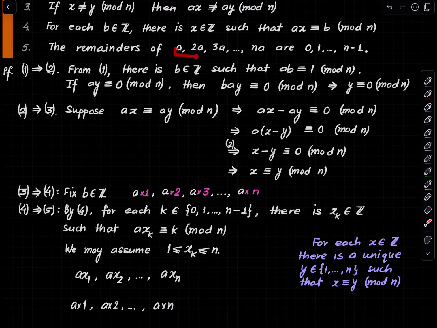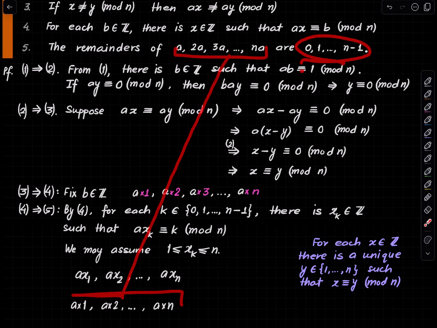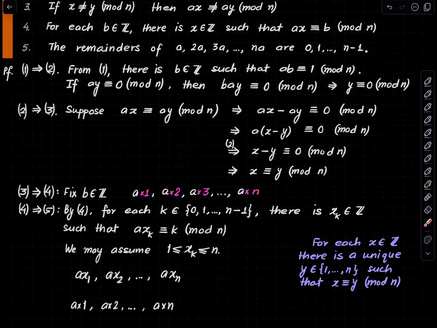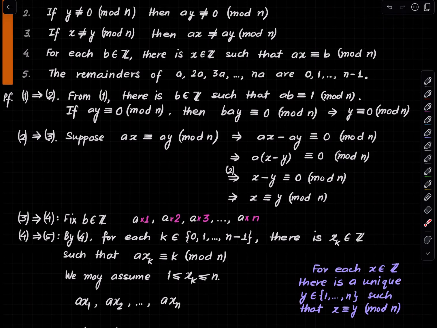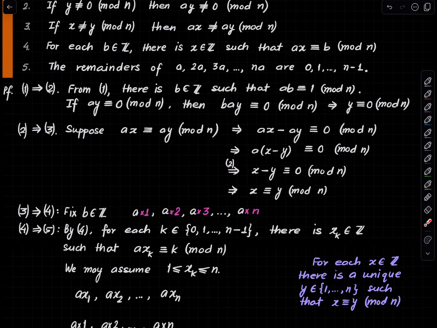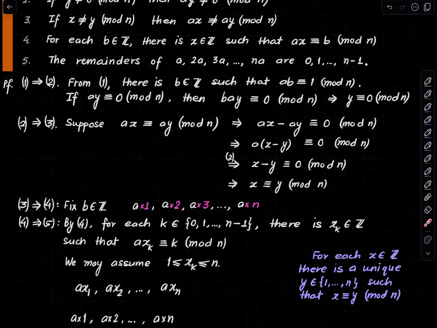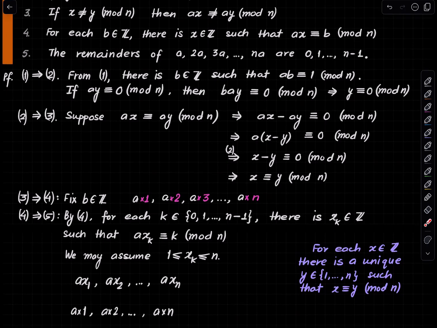That the remainders of this list, which is same as that list, are all the possible remainders. So stay on this. This may not be immediately clear as to why, but make sure that you try your best and understand this. It's very important. Okay? I don't want to rehash it. You can pause the video, rewind, and break your head until you get it.